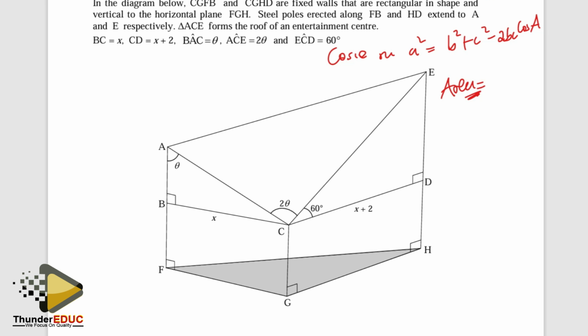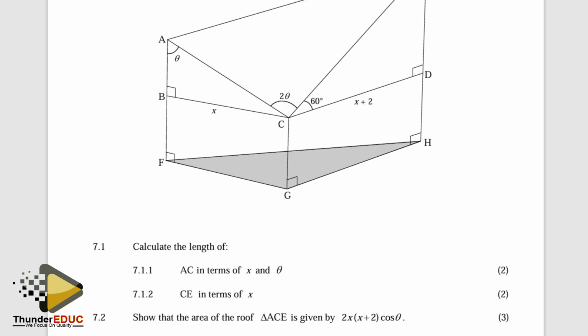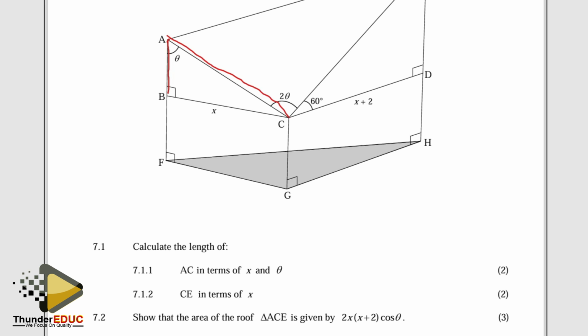Okay, so we said any two sides and the angle between the two sides will help us. Now this question is asking for the length of AC, in terms of x and theta. So we can see, just focus on just the small details. Focus on just this triangle. So this triangle is a right angle triangle, which brings us back to the trig ratios of SOH CAH TOA.